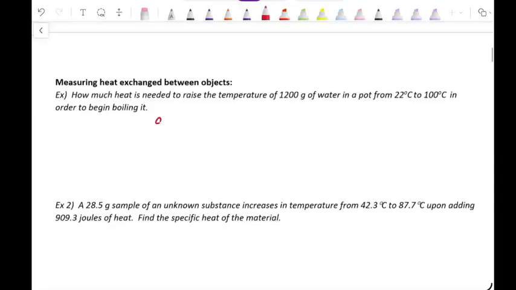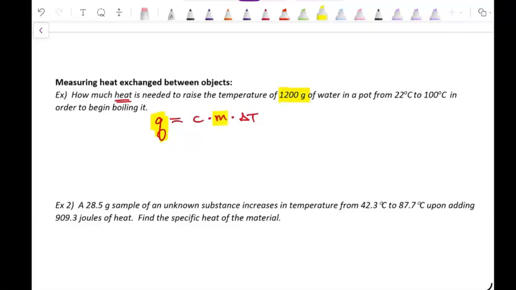Hopefully you said Q, right? Heat is Q in our equation. So we have Q equals C times M times delta T. And in this case, it's asking us to solve for Q, so we don't have to rearrange the equation, right? All right, and then what do we think 1,200 grams would be?